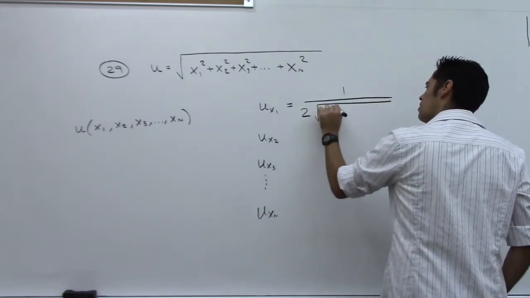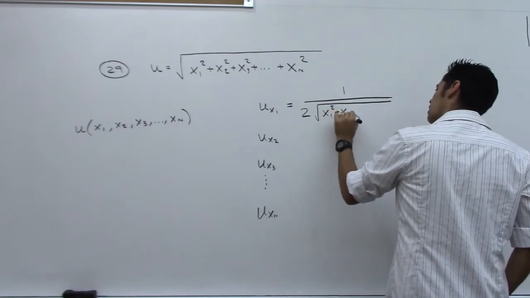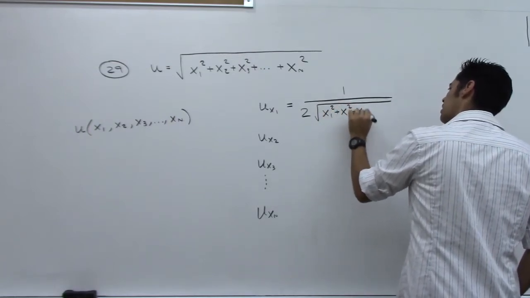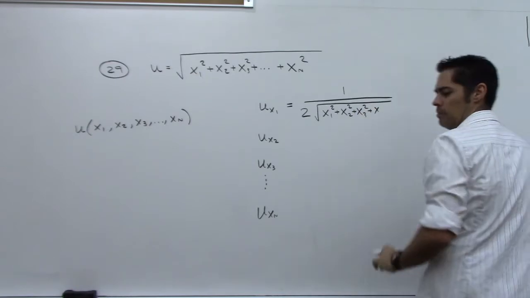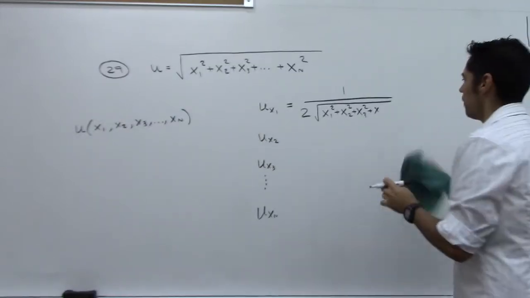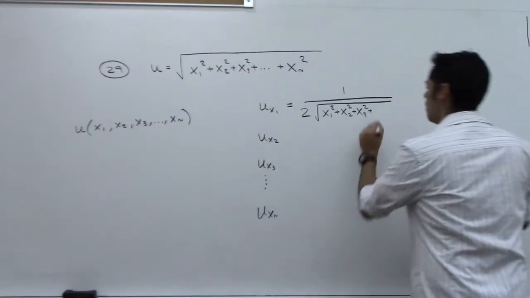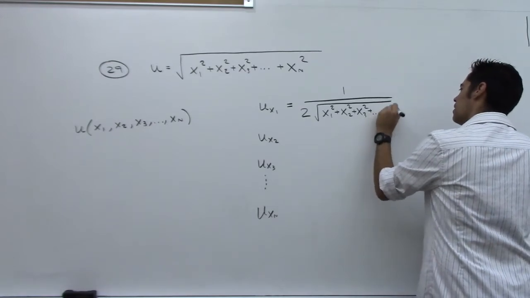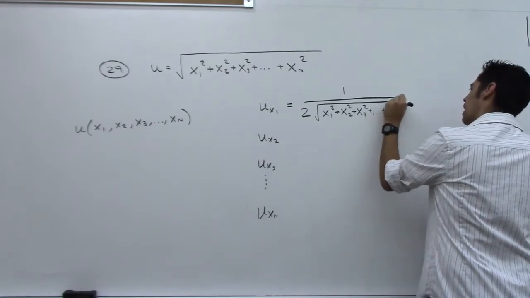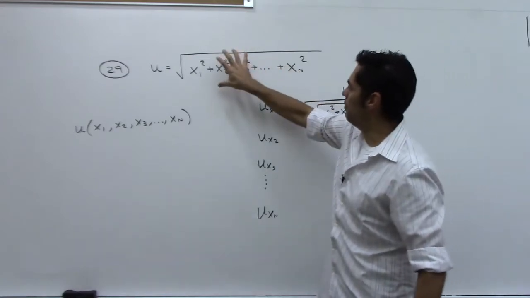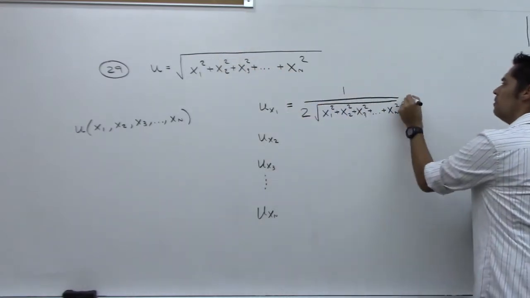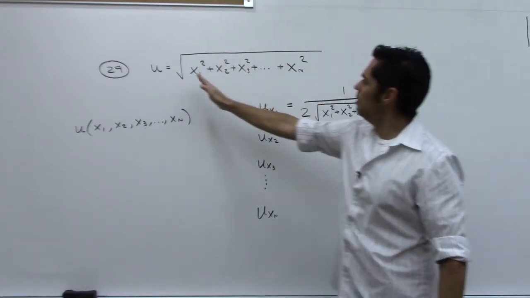So x1 squared plus x2 squared plus x3 squared plus dot dot dot plus x sub n squared. Okay, that's the derivative of the square root of something, times, chain rule, the derivative of what's inside.